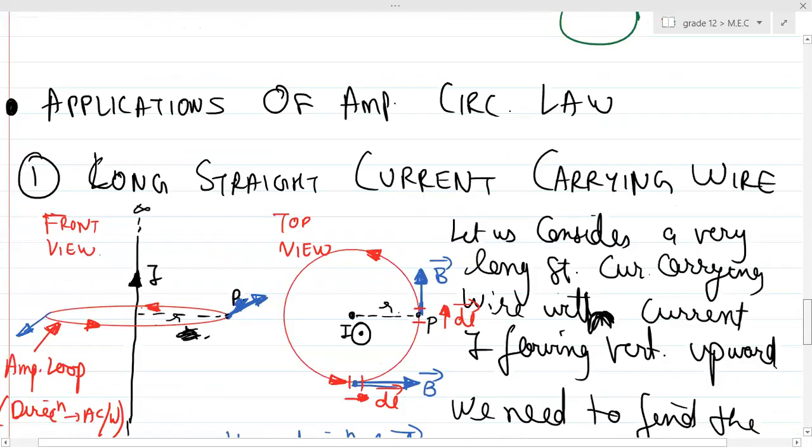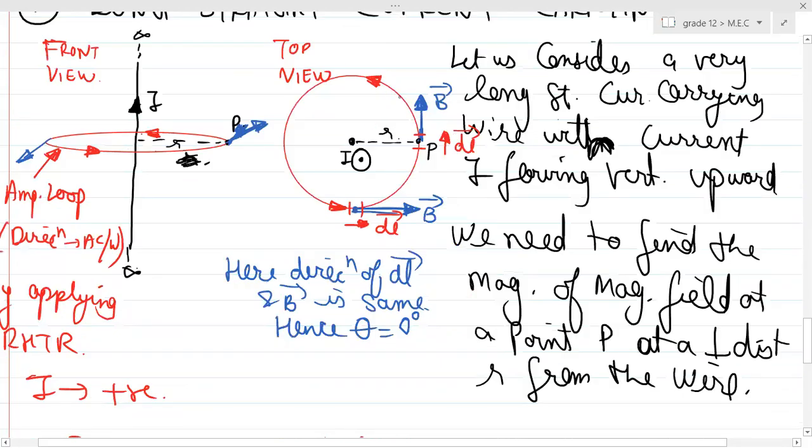When I will be negative, the direction of the loop is in the opposite direction.